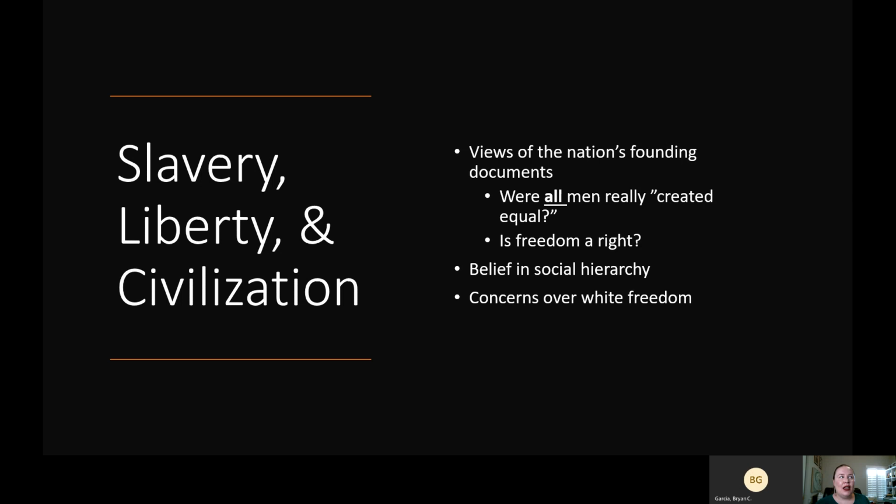And we also start to see Southerners interpret attacks on slavery, especially from abolitionists, as an attack on them and their freedom. And that attempts to regulate or restrict or end slavery was actually an attempt not only to restrict their freedoms, but to enslave them, which is hyperbolic, but that's what they argued. All right.